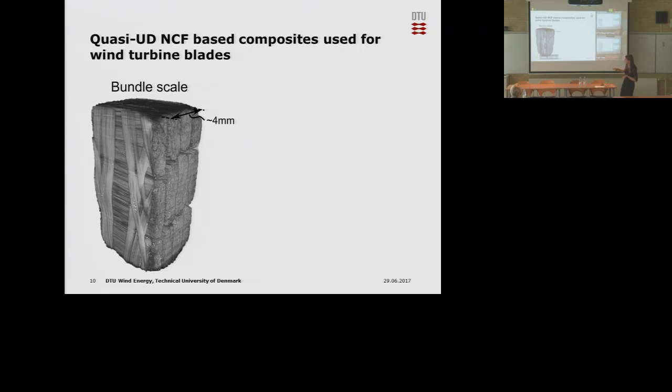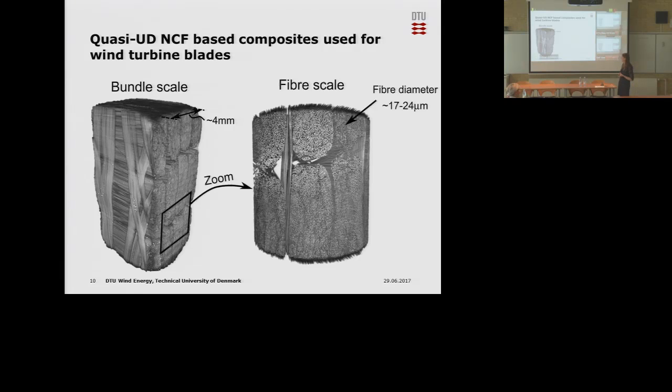And also the off-axis fibers, maybe they're not completely plus minus 80 degree orientation, as in this example here. And if you zoom in, it's also more clear that the unidirectional fiber bundles here are not perfectly shaped. And also you can see at the fiber level that the local fiber volume fraction is varying depending on where. And it will be more clear later that this is actually quite important to include when looking at the fatigue damage.